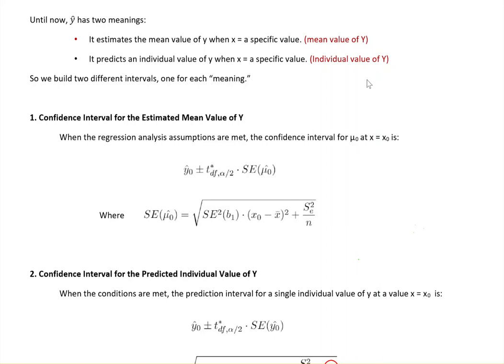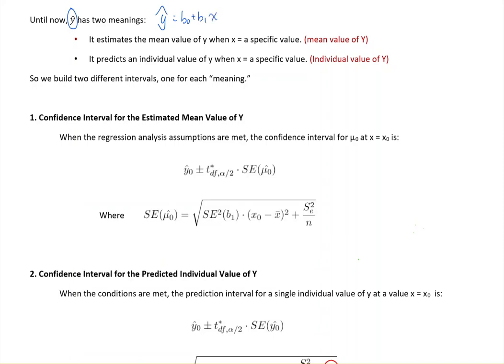So the last topic we will cover in this video will be getting the confidence interval for Y hat. We want to know the range for Y hat if we have the regression equation. For Y hat, we know Y hat equals b0 plus b1x.